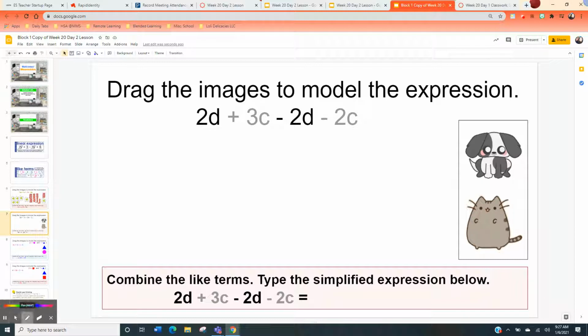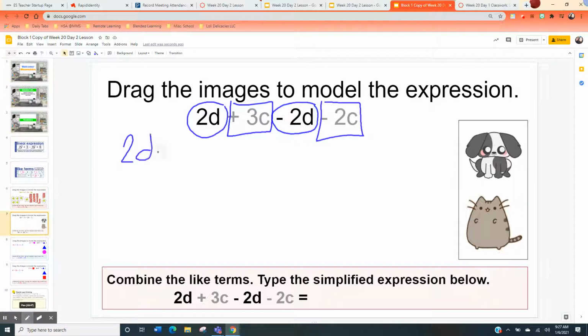So let's start off by checking out our like terms. So we have 2D and then minus 2D. Okay, then I have plus 3C and minus 2C. So I have 2D minus 2D plus 3C minus 2C.